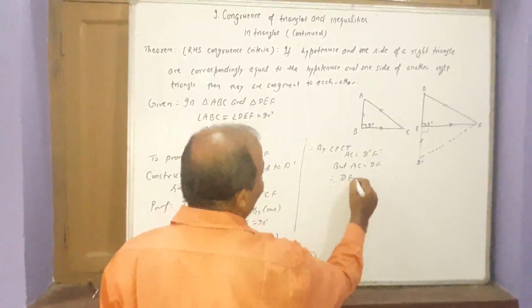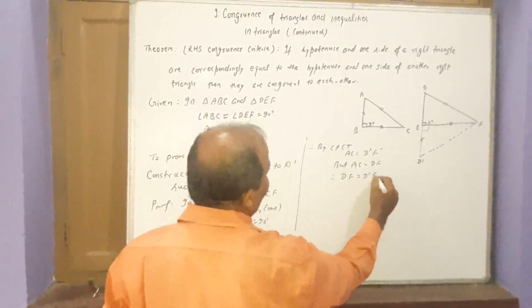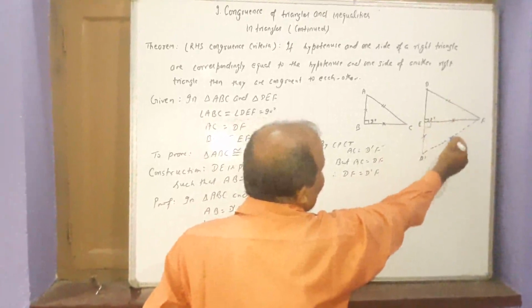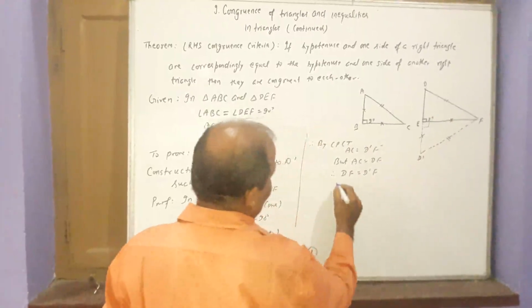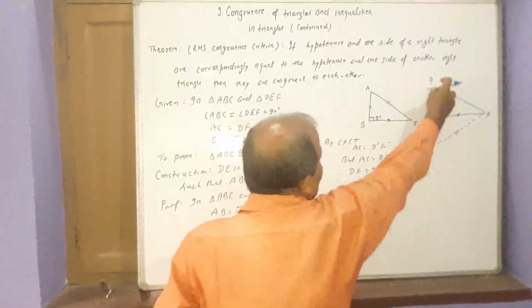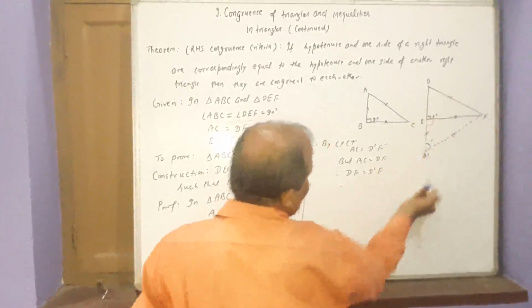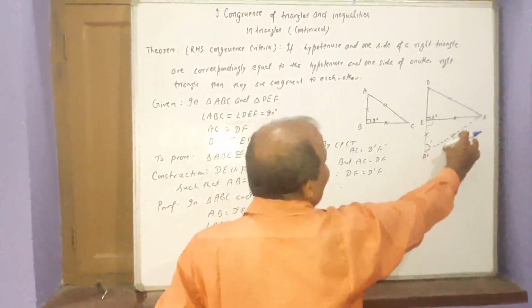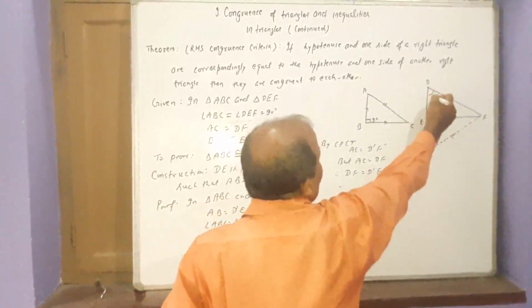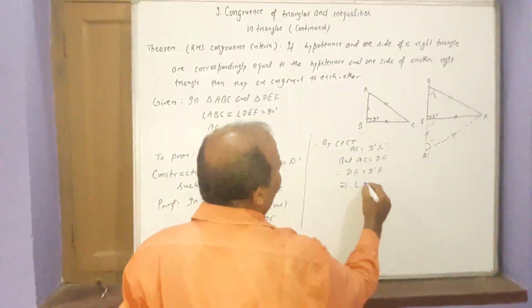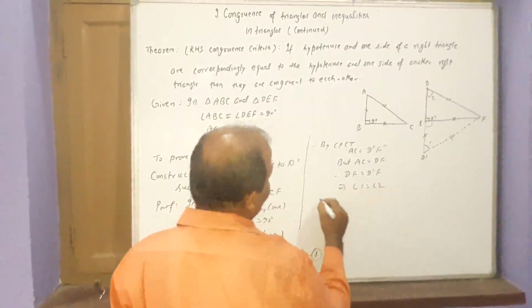Therefore, DF is equal to D dash F. इस तरह से DF क्या हो गया? D dash F. And therefore, DF के सामने जो एंगल है वो D dash है, और D dash F के सामने जो है एंगल D है. इसको 1 और 2 ले लीजिए. Which implies angle 1 is equal to angle 2.